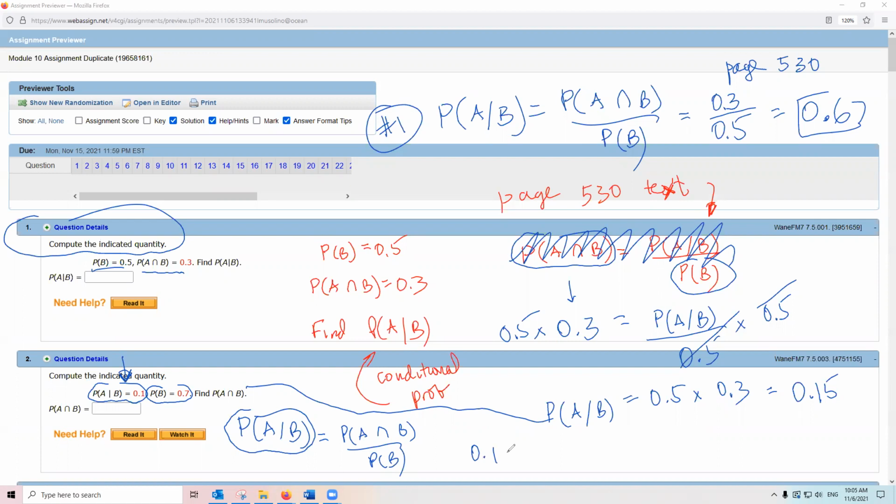So that's going to be 0.1 equals, I don't know the probability of A and B. That's what they're asking me to find, but the probability of B is 0.7. Now I can just multiply both sides here by 0.7. That'll cancel that out. So we're ending up here, the probability of A and B is 0.07.